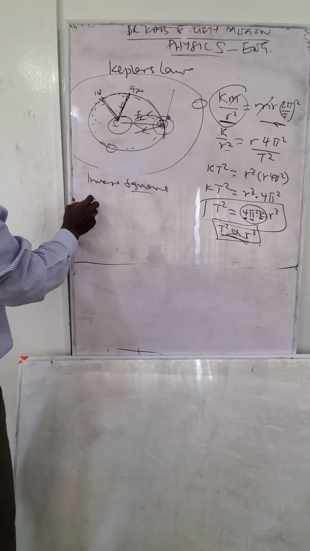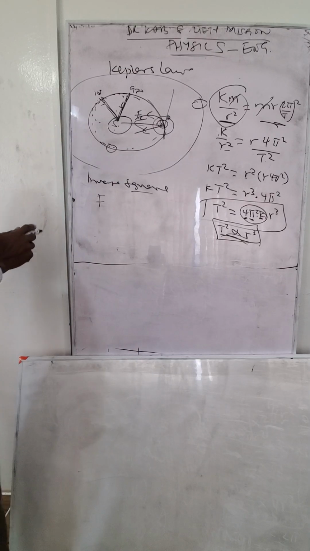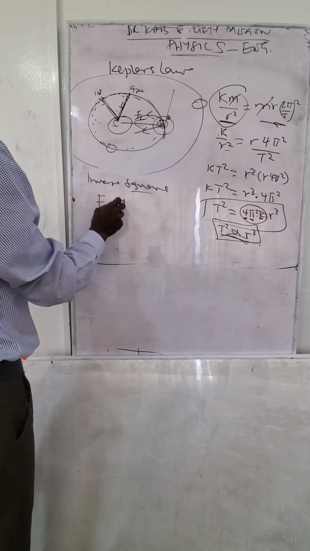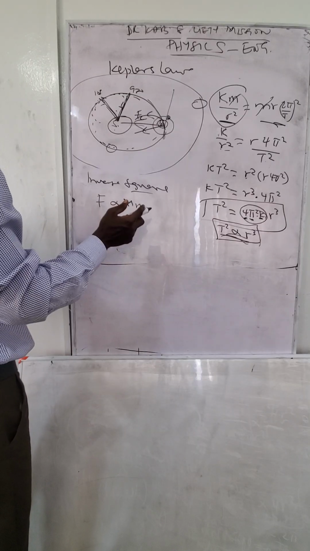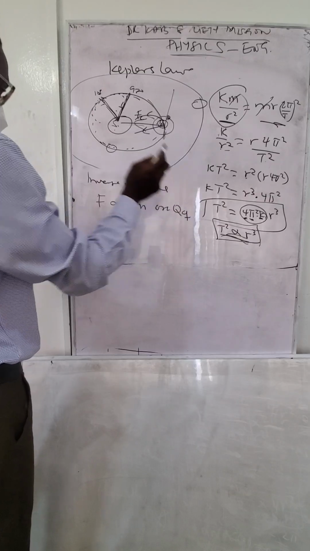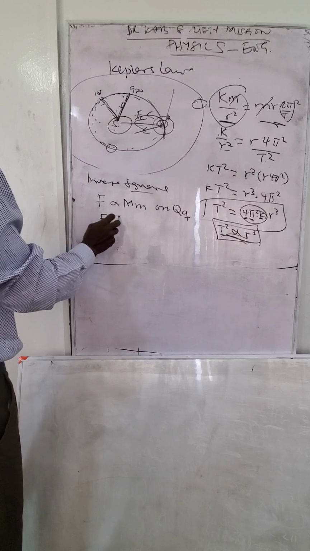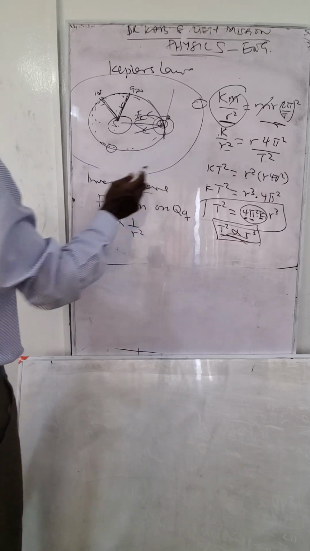So from this we can say that the force of attraction between two bodies would be proportional to the product of the two bodies, if it is masses that we are talking about, or the charges we are talking about. This same force is also inversely proportional to the distance squared.